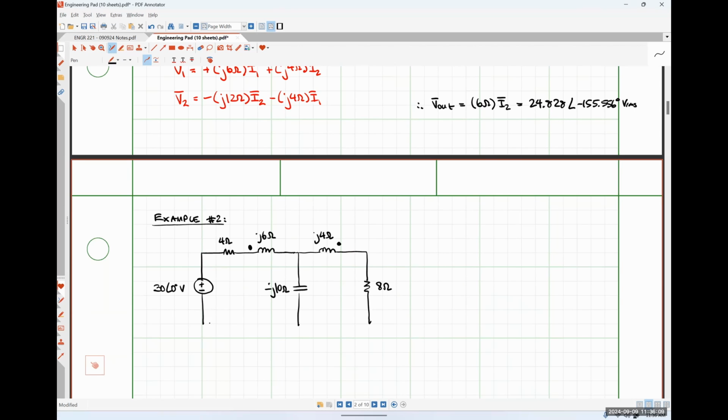Here's an 8 ohm resistor. And there is J2 ohms of mutual impedance shared between those two coils. And our ultimate goal in this problem would be to solve for this current, which I'll call IX.